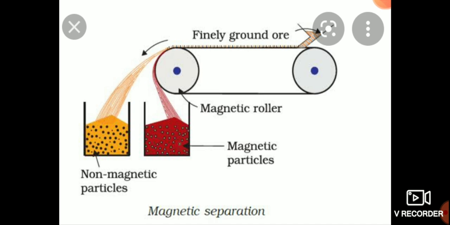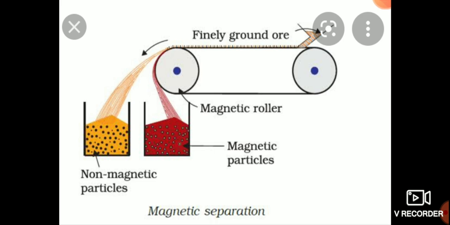The magnetic properties of the ore or the gangue are used for the separation. An example ore is tinstone. The tinstone formula is SnO2. Sn is the symbol of tin, so the ore is of tin.